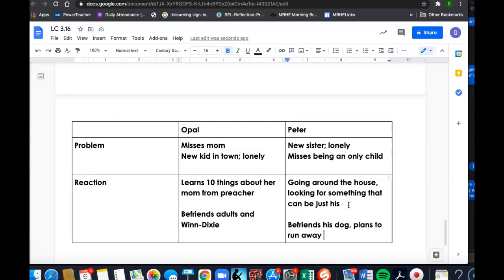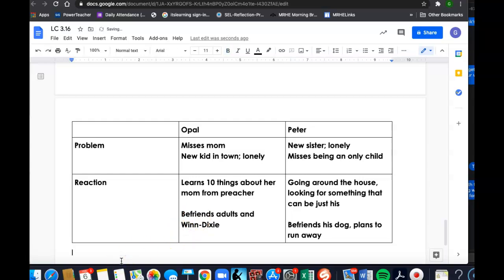So once we've been able to identify the problems and reactions, we can look for ways that these two characters may be similar or different, right? And this takes some pretty significant digging. If I were still in that level 2 stage and I was just naming general similarities and differences, I would probably say these two characters are lonely and they solve their problems by the end of the story, right? But we are trying to get more specific.